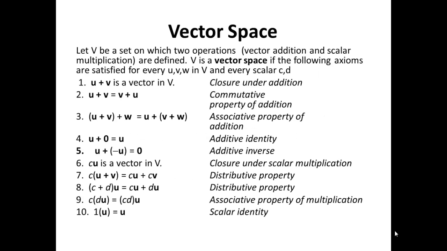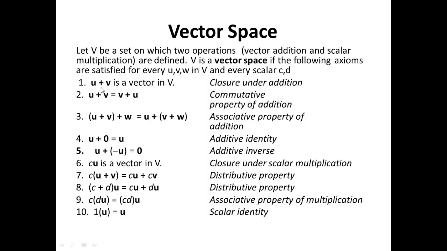Vector spaces. Let V be a set on which two operations, vector addition and scalar multiplication of vectors, are defined. V is a vector space if the following axioms are satisfied for every vectors u, v, w in V and every scalar c and d.